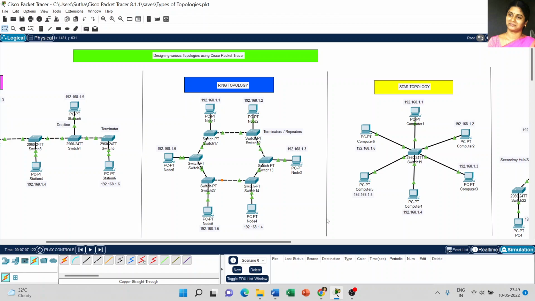Coming to another disadvantage of ring topology. Whatever I already said is an advantage, that we can easily expand and install the ring topology, is also part of the disadvantages. What does it mean?